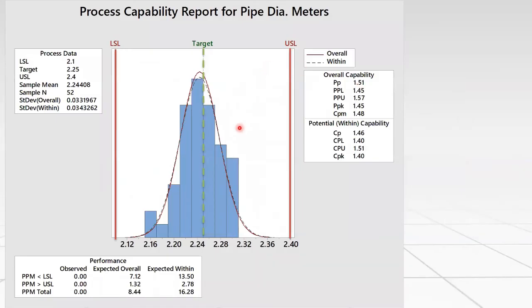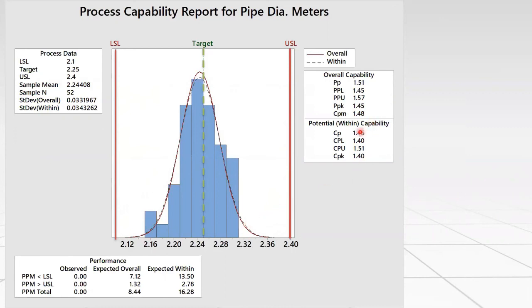Now, if we look again at the histogram or the process capability chart after solving the issues of the machine, we can see how the safety distance between the specification limit and the distribution curve is much bigger compared with the first scenario.